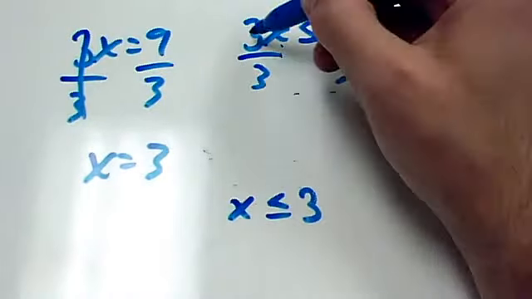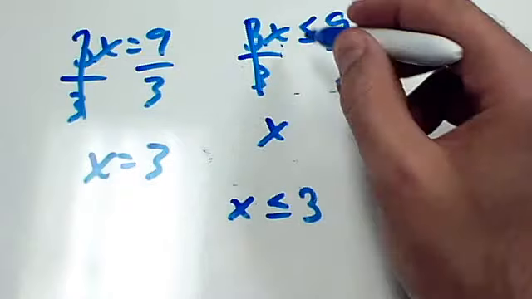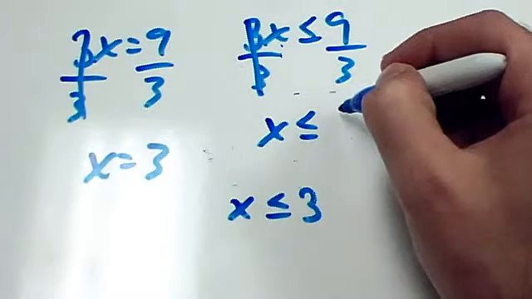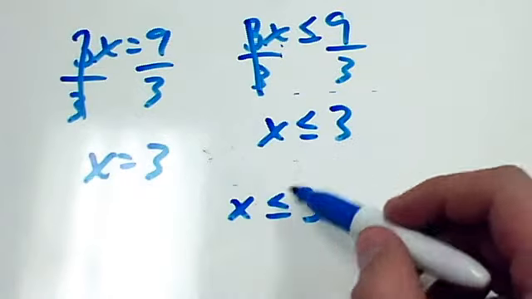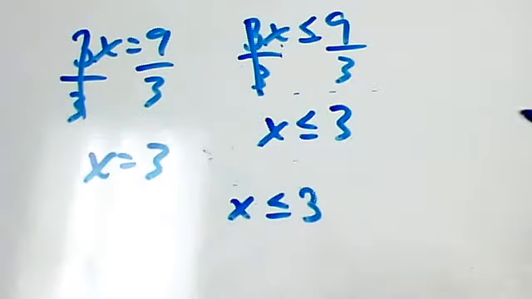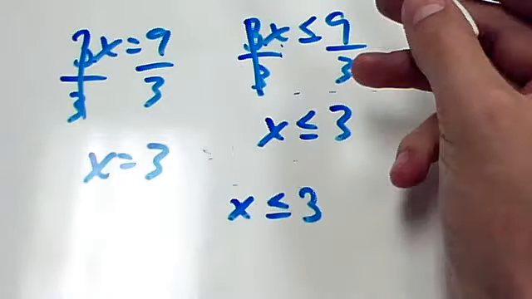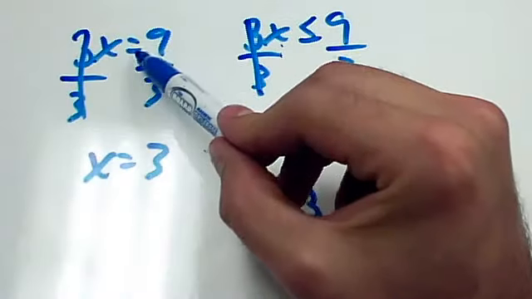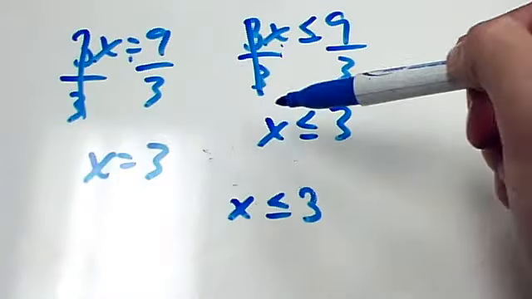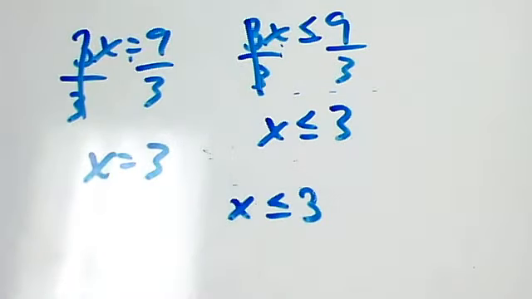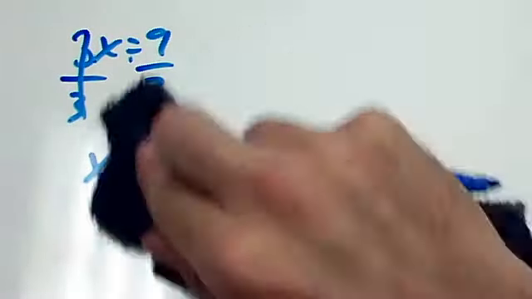Well, if you divide by 3, we get x is less than or equal to 9 divided by 3 is 3, which turned out to be the exact same thing as what we thought. Okay, it worked out. So, basically, whether you're solving an equation or an inequality, it should be the exact same process.